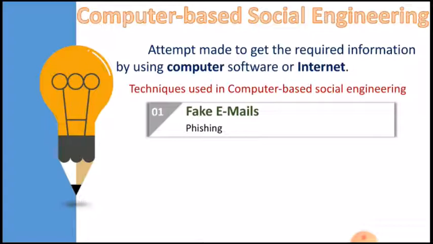It is an attempt to attract internet users to reveal their sensitive personal information such as usernames, passwords, and credit card details. In this, banks, financial institutes, and payment gateways are the common targets.